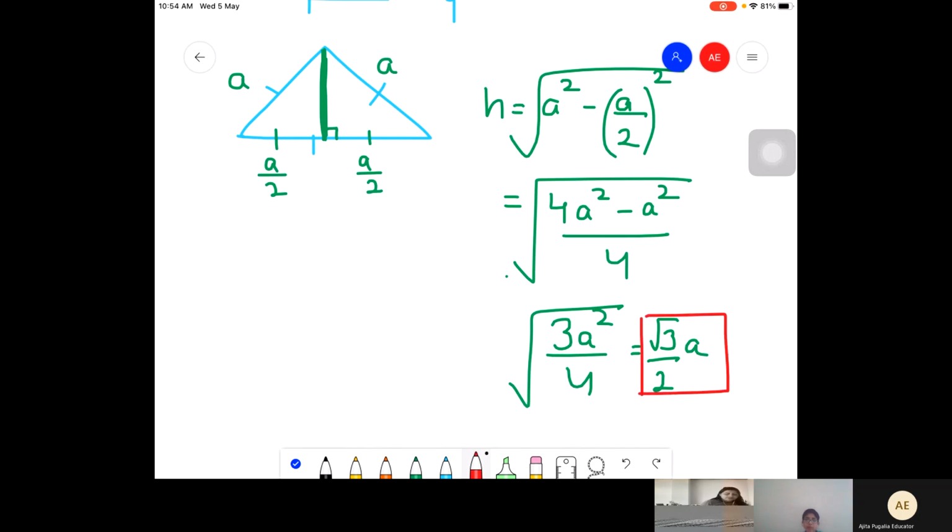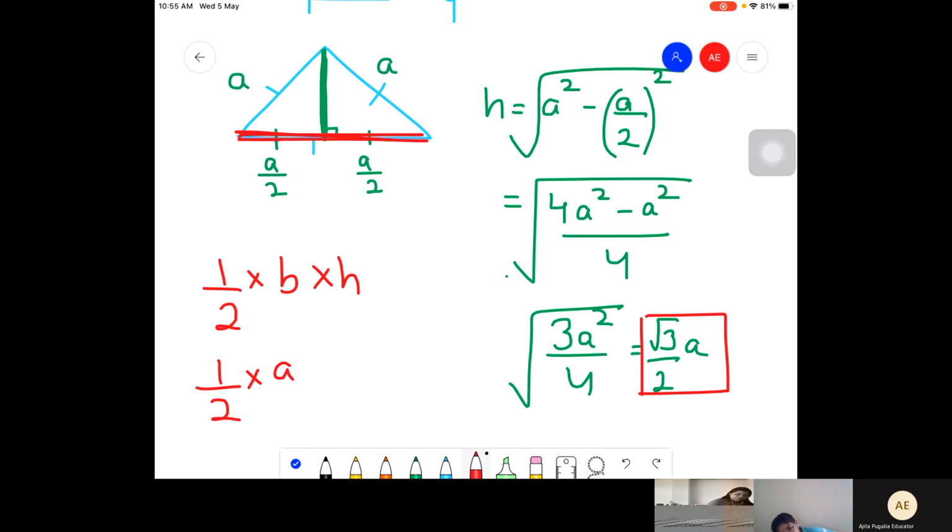Now when you have the height and the base, I can use half into base into height whenever I have the height or have a chance of finding out the height. Base is a.